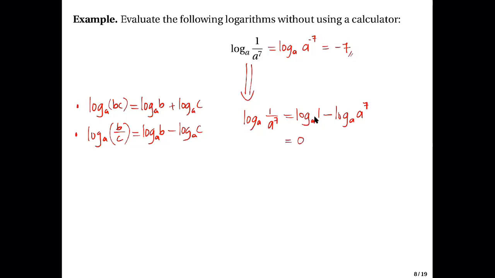So we'll have 0 minus, and then the 7 will just go down. So 0 minus 7, and indeed this is equal to negative 7, just like in the previous solution. So you may use the property of exponents, or you can use this property of logarithms.